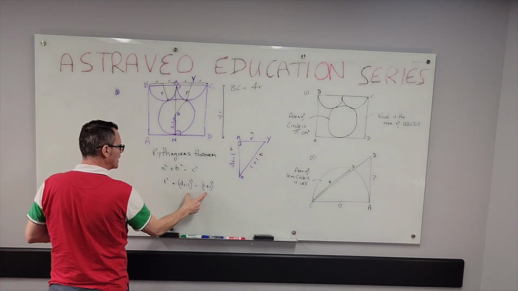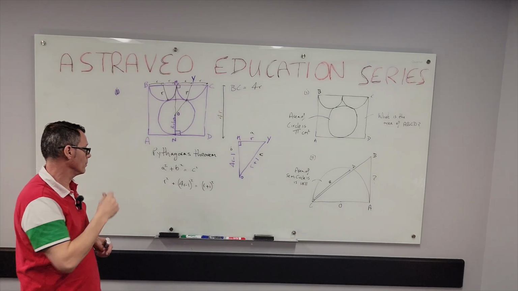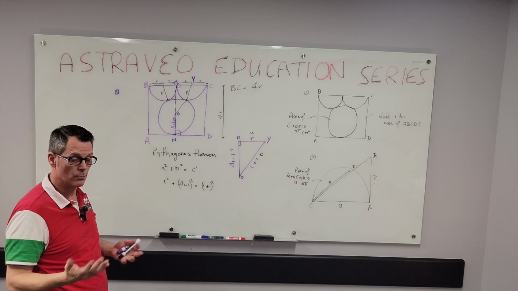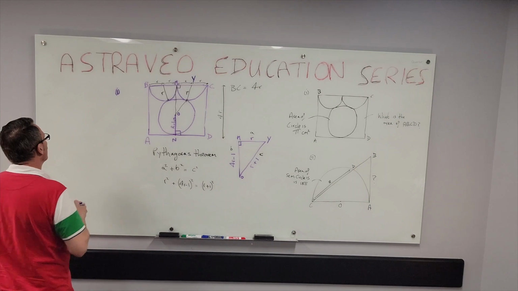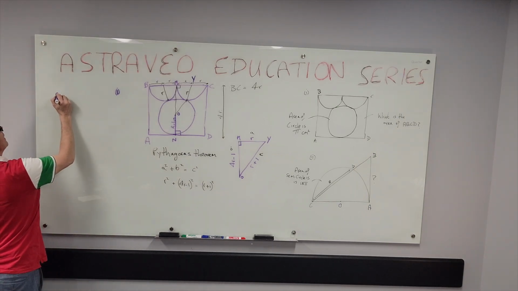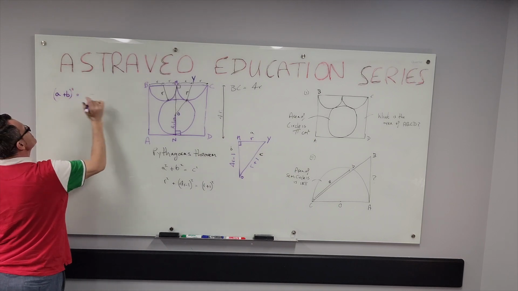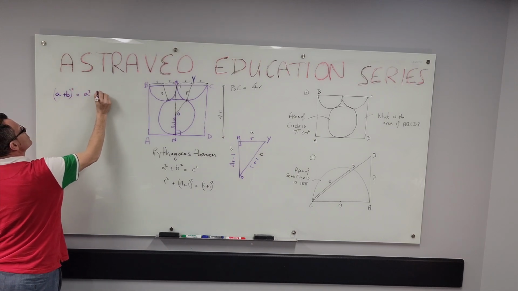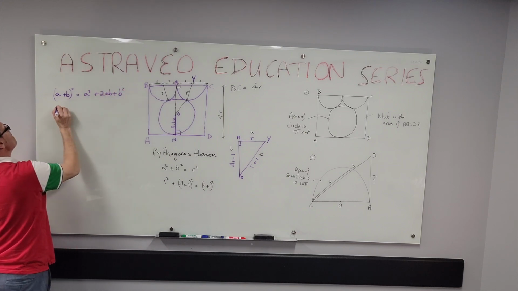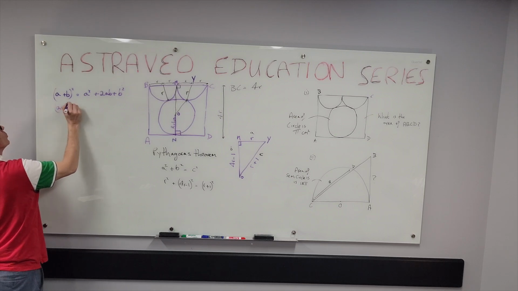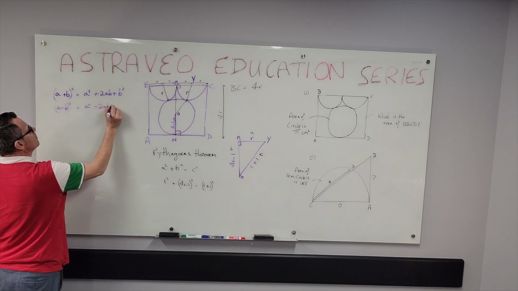Now we've got a couple of complicated expressions here, you might think, but these are special identities. When I was younger, we used to do the eyebrow method, and I will show you that, but these have defined identities. We know that a plus b all squared is a squared plus 2ab plus b squared, and a minus b all squared is a squared minus 2ab plus b squared.